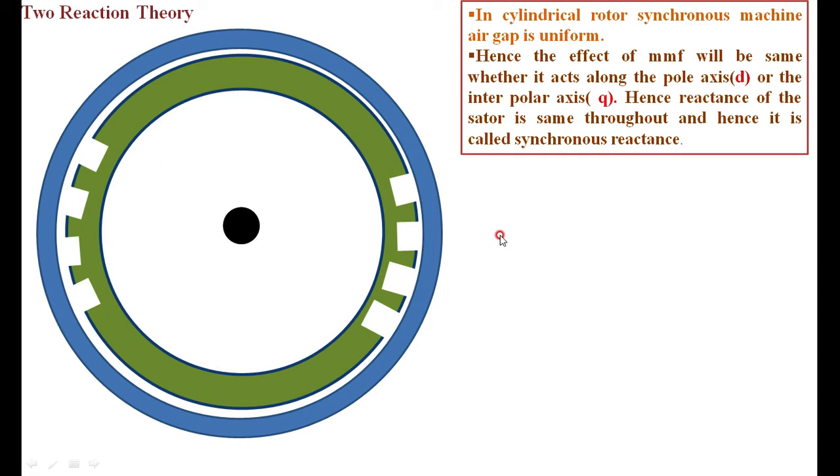However, in the case of the salient pole type of machine, we look into what is the difference between the non-salient and salient. Here the air gap is not uniform throughout. Along the pole axis, the air gap is small, whereas in the interpolar axis it is large.